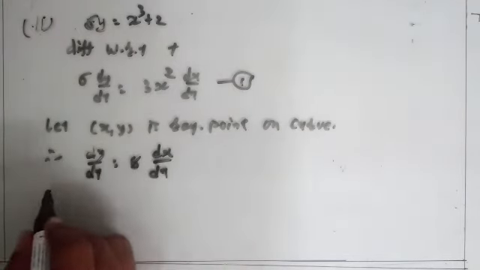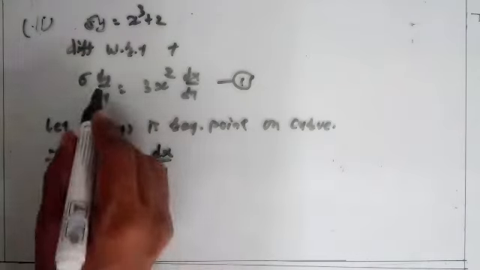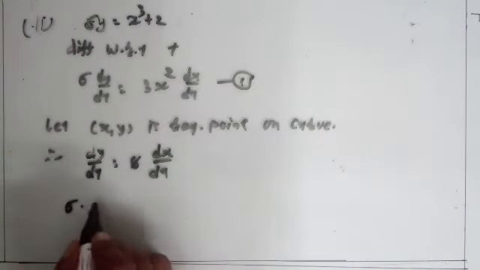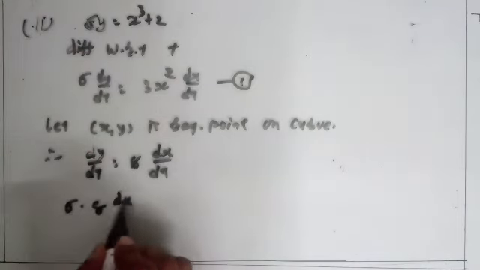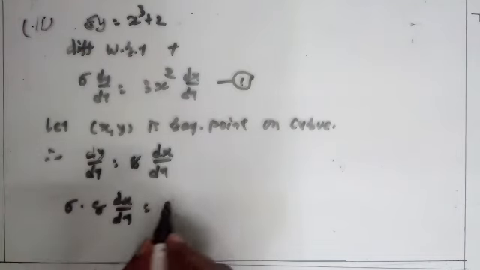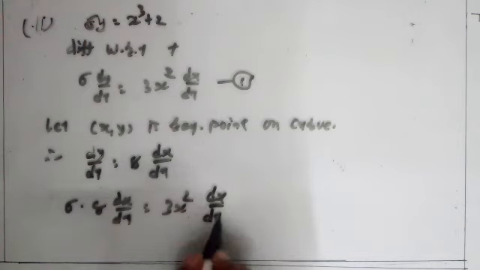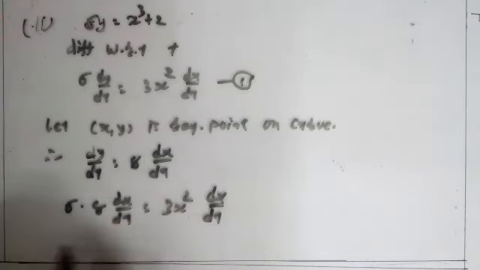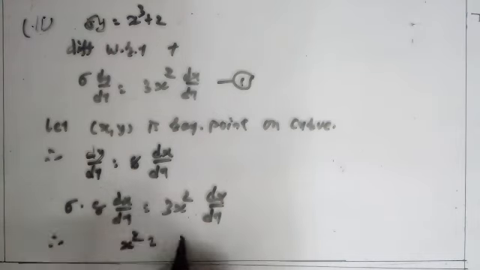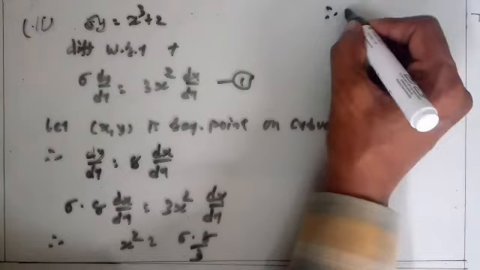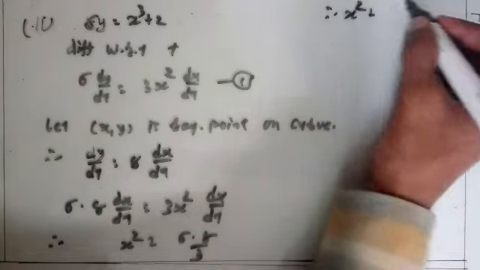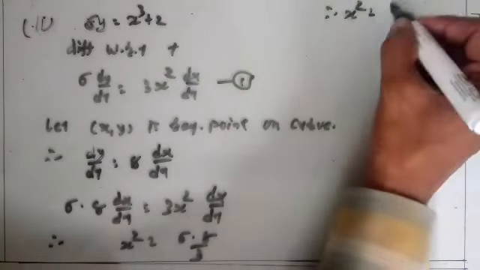Therefore by result 1, putting dy/dt equal to 8 dx/dt, we get 6 into 8 dx/dt is equal to 3x square dx/dt. Clear this? dx/dt cancels from both sides. Taking 3 to the other side, we get x square is equal to 6 into 8 upon 3. Therefore x square is equal to 2 times 8, that is 16.